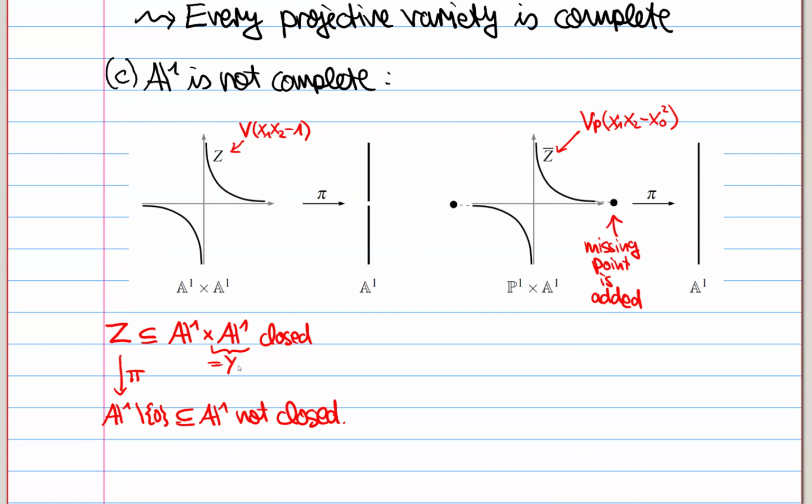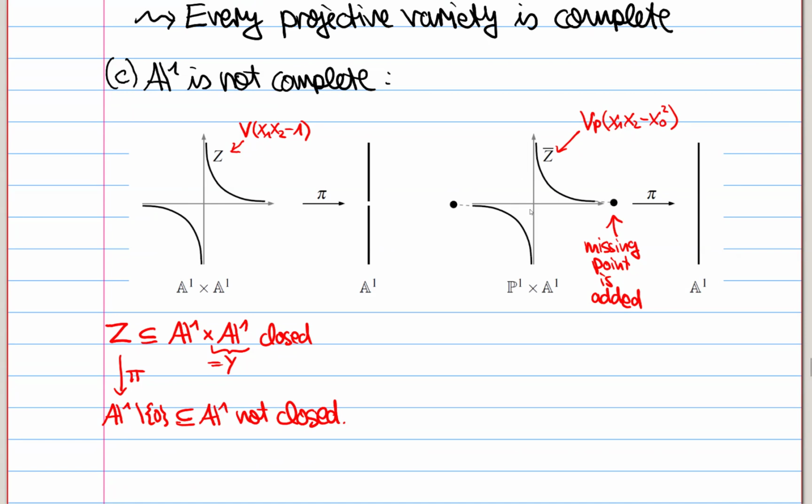Note that this is fixed by replacing A^1 with P^1. Because inside P^1 × A^1, like this, you can look at the closure of Z, and taking this closure corresponds to some homogenization in this case, and then this homogenization exactly adds the missing point here.